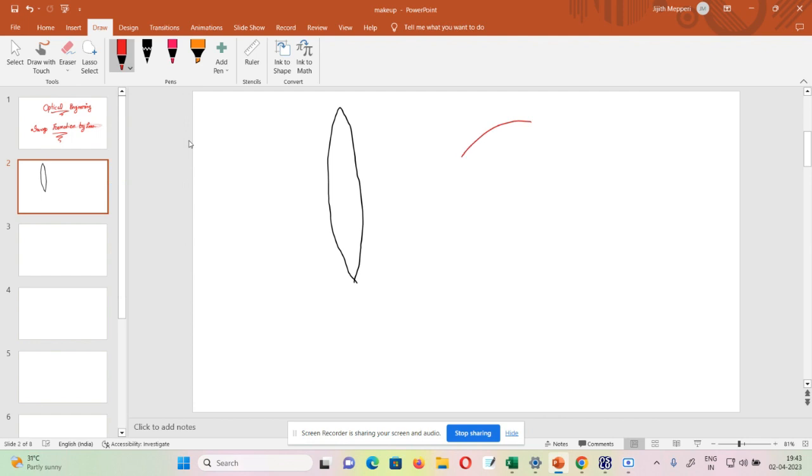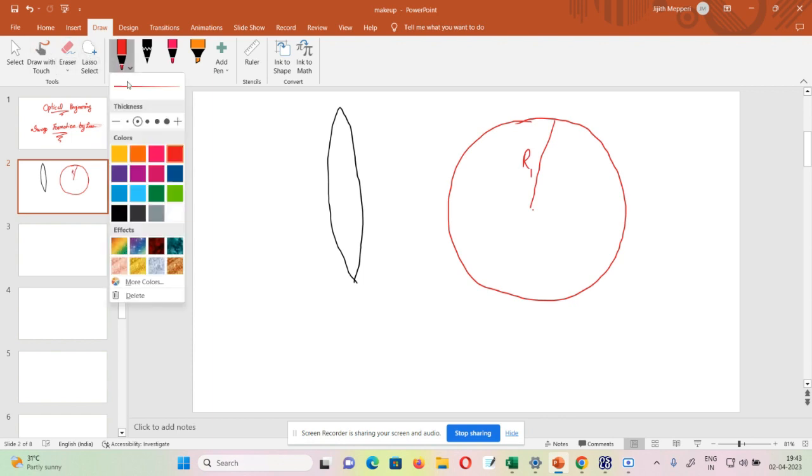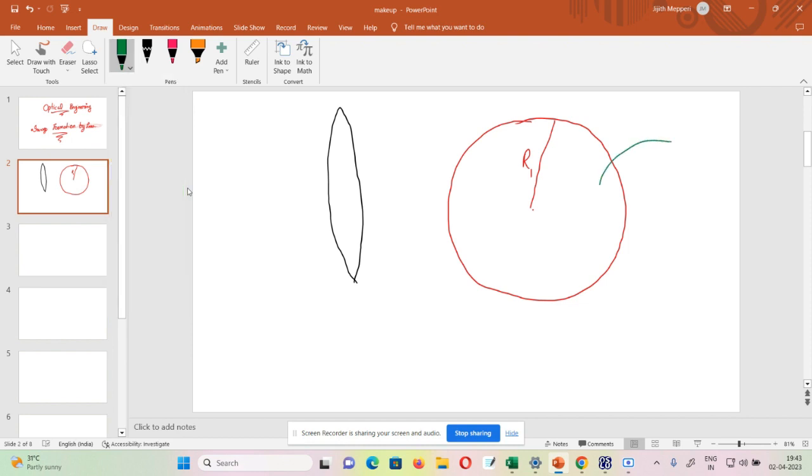If you intersect two spheres, this is a sphere having a radius of curvature R1, and I am intersecting the same sphere with another sphere with radius of curvature R2.